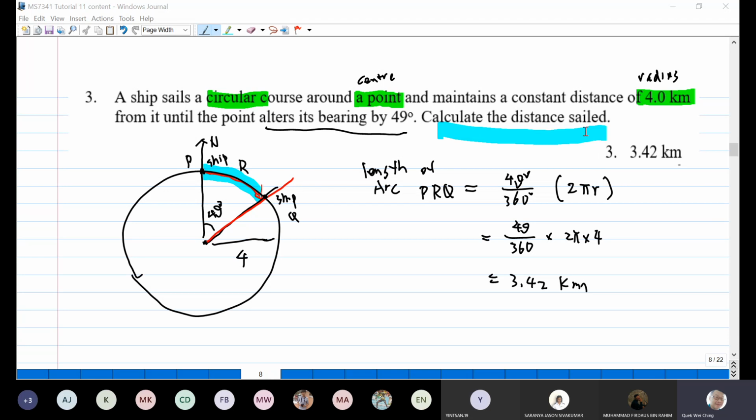Three people not here. Okay, so I see you can actually work this out.